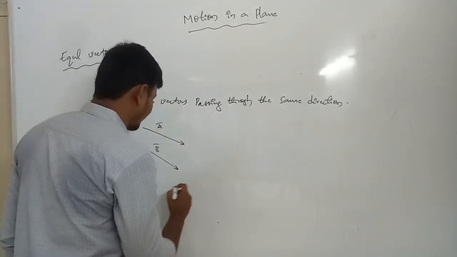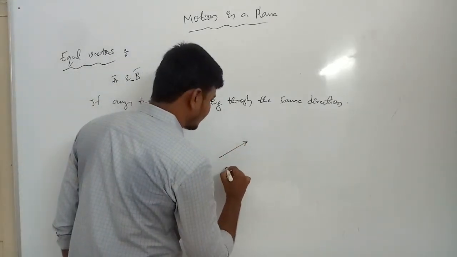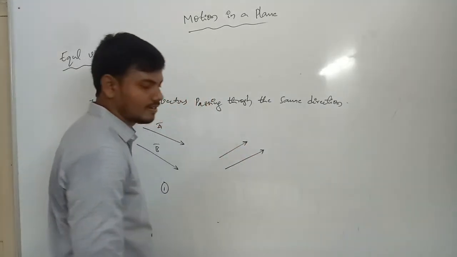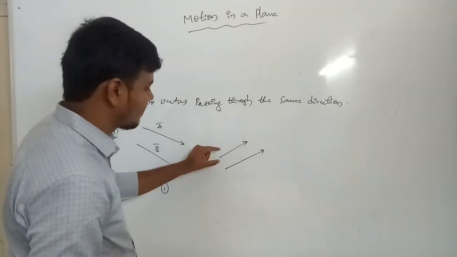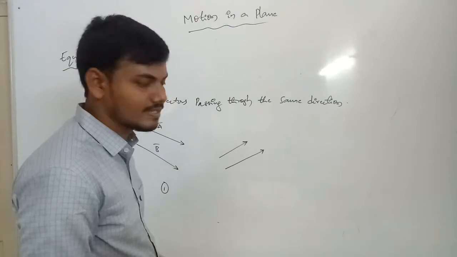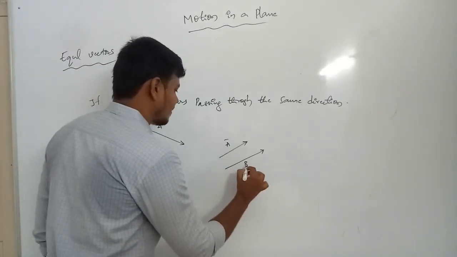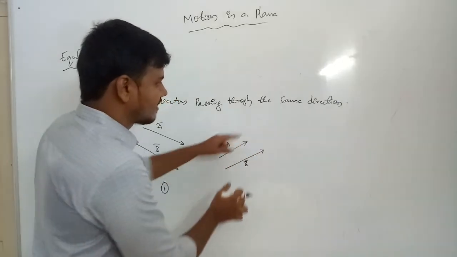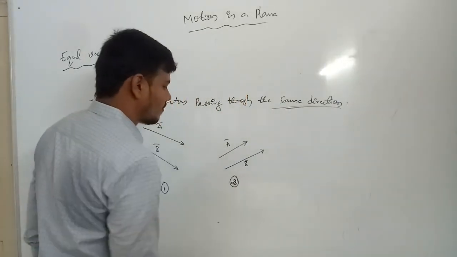Now the second example: this is the first one and this is the second one. The first is the short one, the second is the tall one. Again, the first one a bar and the second one b bar have the same direction, so they are always equal vectors.